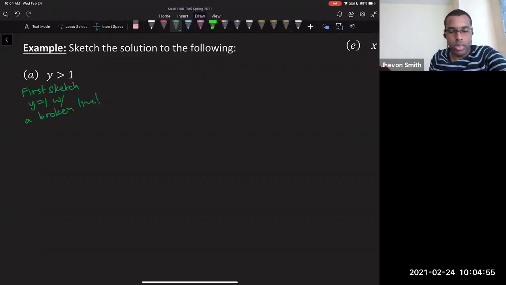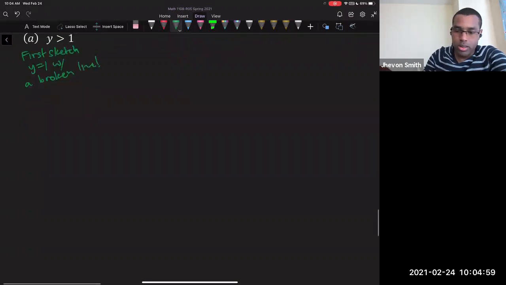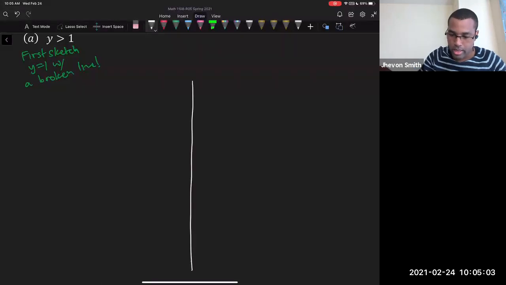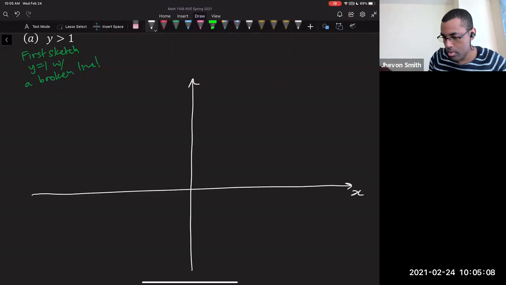So hopefully you know how to sketch y equals 1. We're going to draw our axes. And of course, y equals 1 passes through 1 on the y-axis, and it's a horizontal line.